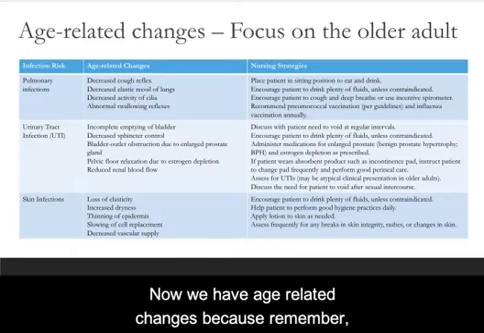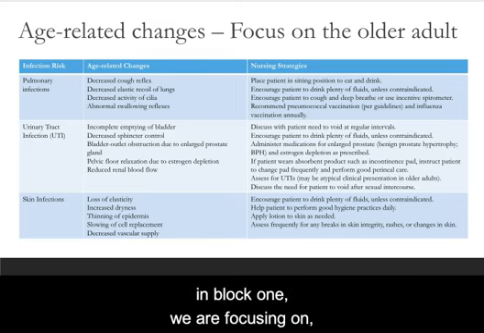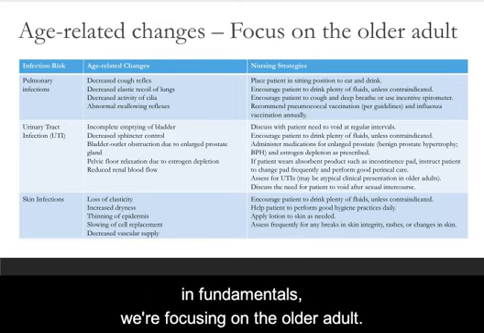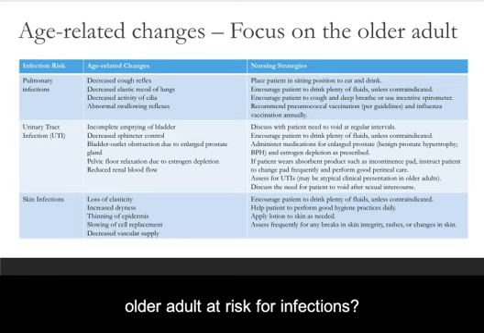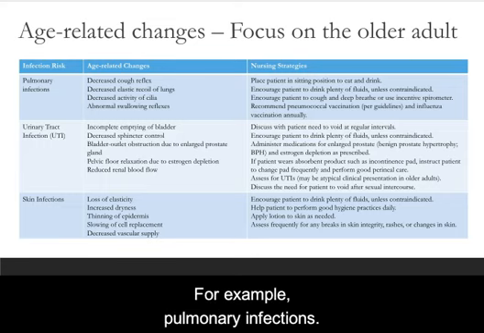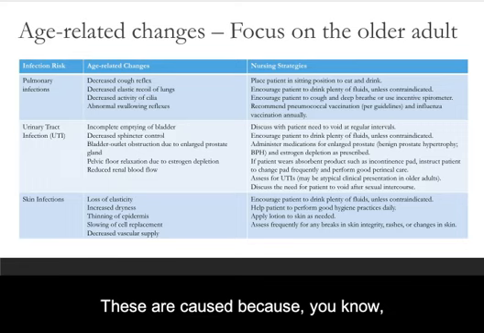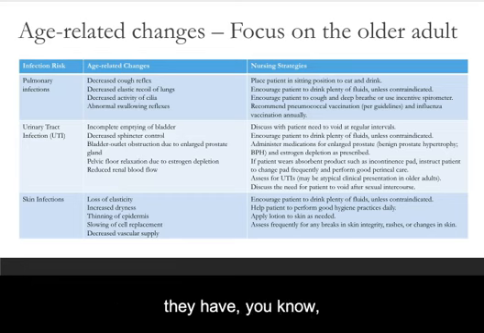Now we have age-related changes. This, because remember in block 1, in fundamentals, we're focusing on the older adult. What are some of the age-related changes that place an older adult at risk for infections? For example, pulmonary infections are caused because they have a decreased cough reflex.